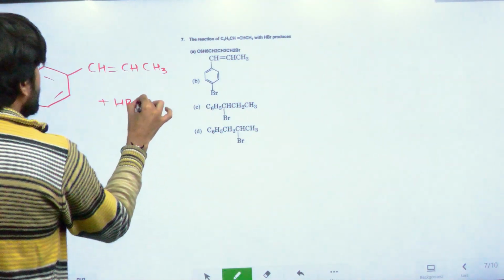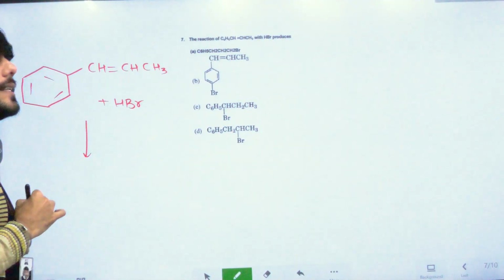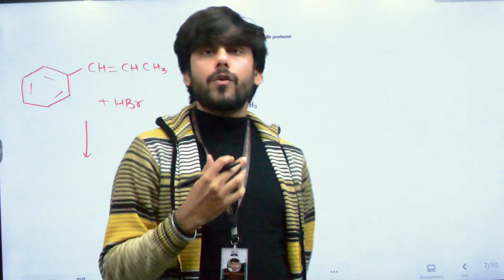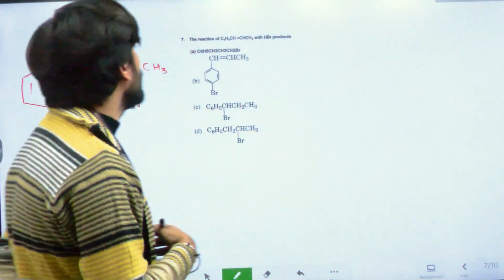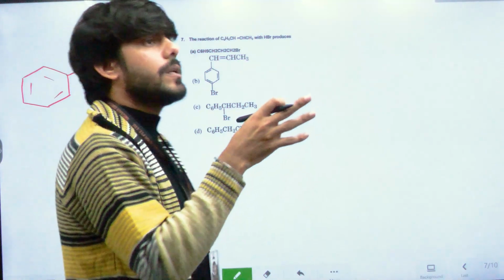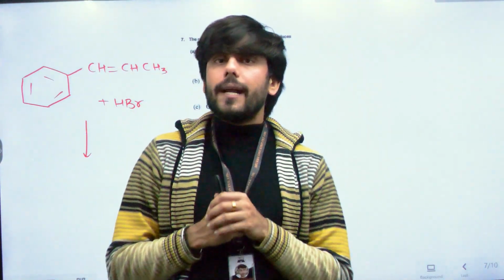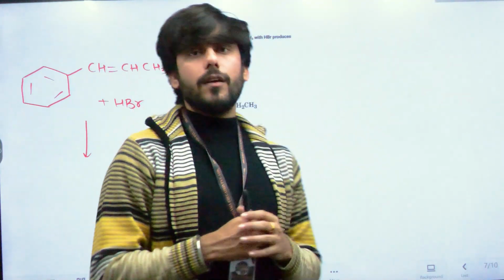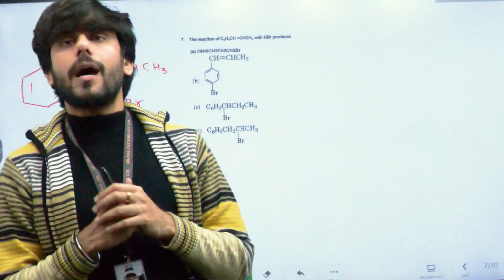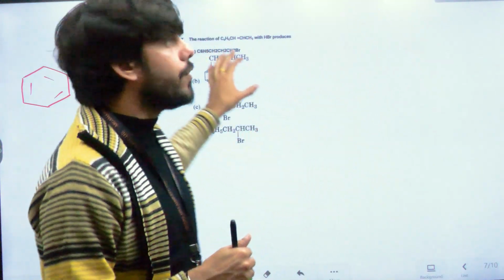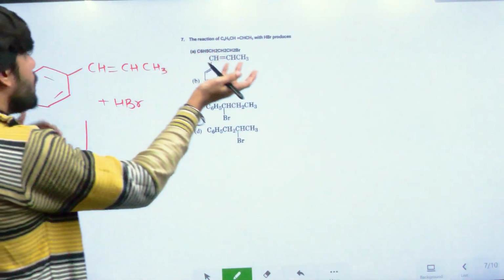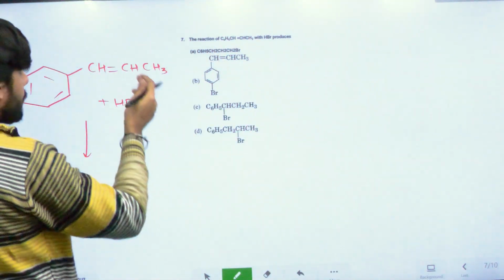Now we know that addition of hydrogen halide is governed by the Markovnikov rule. Markovnikov rule fails when there is a possibility of rearrangement of carbocation. So it would be better if you consider the stability of carbocation to be the governing factor for the product.